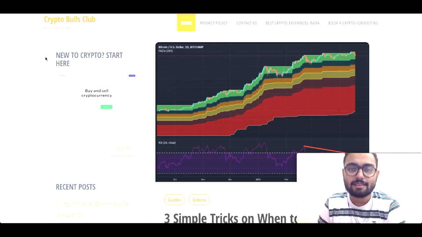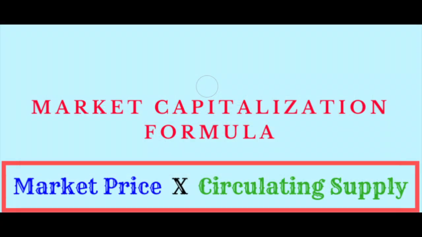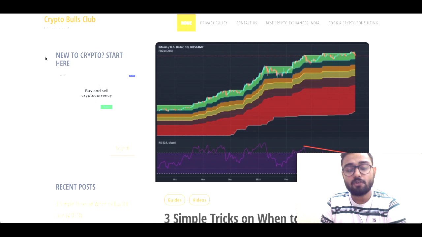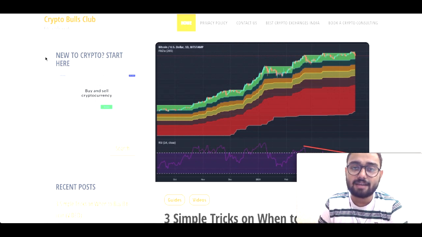What is the mistake in this kind of a view that we have? Now, we should always choose a cryptocurrency based on the market cap. Now, what is the market cap? The market cap is the value which we get by multiplying the current price of the token with the current supply. Now, Cardano might be trading at around $1, but its market cap is huge, making it around the 5th largest coin in the market currently.